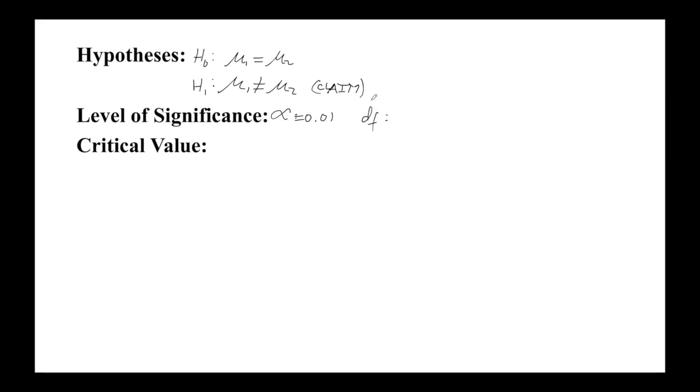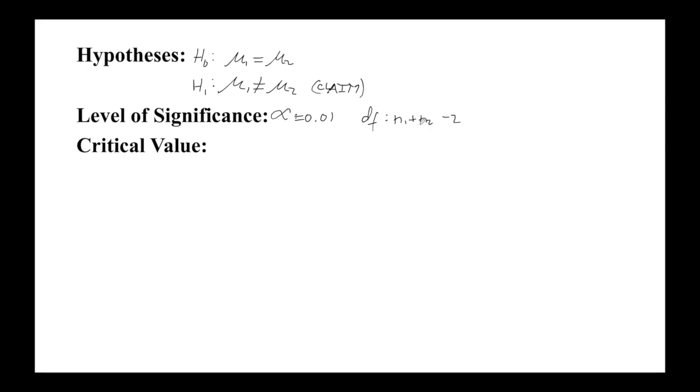As I have said before, once you are lower than 30, you will have your degrees of freedom. And since we are talking here about two means coming from small independent samples, our formula for the degrees of freedom will be n sub 1 plus n sub 2 minus 2.